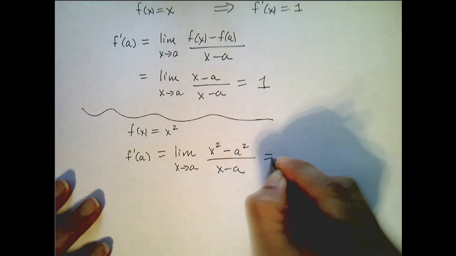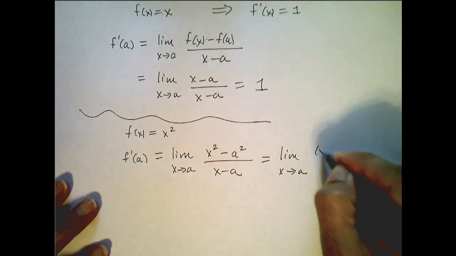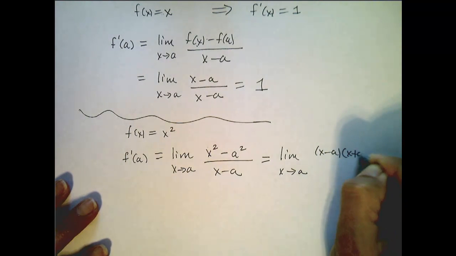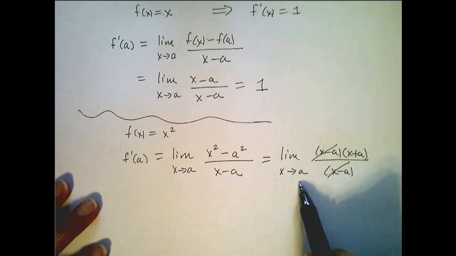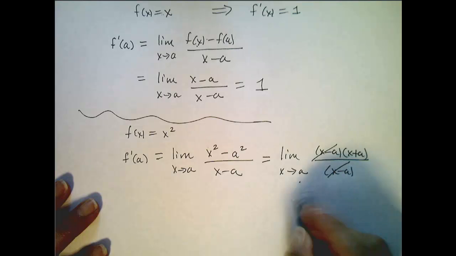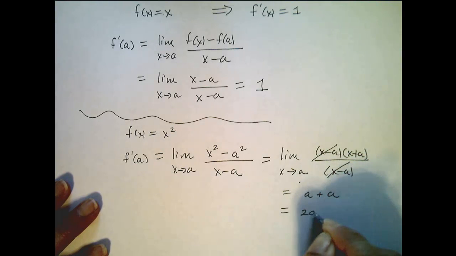Now if I factor, I get the limit as x goes to a of x minus a times x plus a all over x minus a. Those cancel. Now I can do direct substitution and I get a plus a, or 2a.